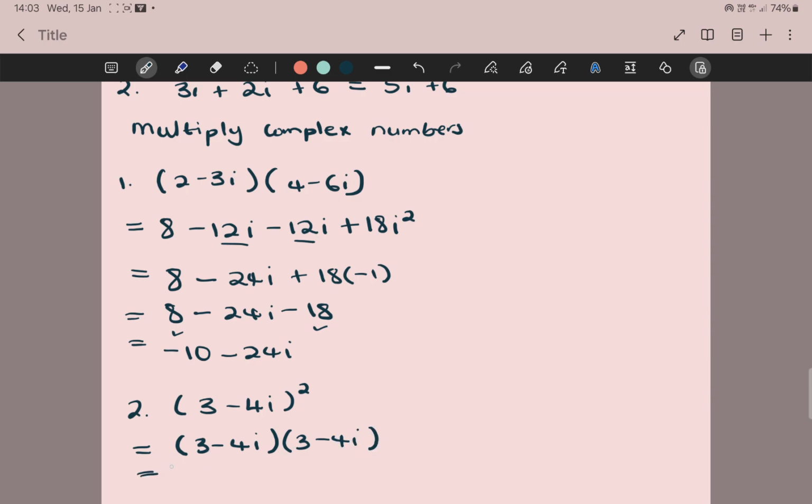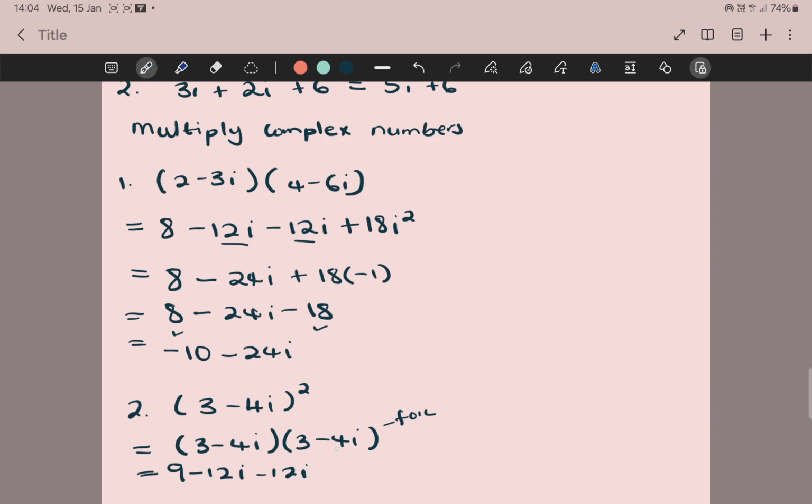Then 3 times 3 is 9. I'm foiling using the FOIL method. 3 times negative 4i is negative 12i. Negative 4i times 3 is negative 12i also.